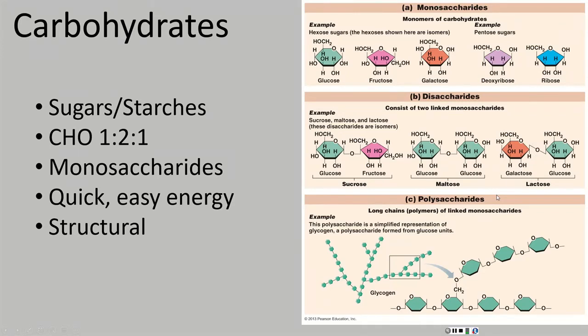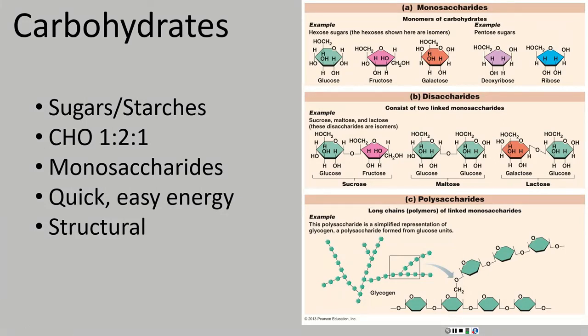We could keep joining these together over and over and over, and we get these long chains. These are called polysaccharides. Poly for many. It's a lot of monosaccharides joined together. And a couple of common polysaccharides are, well, starch, which is a plant molecule.